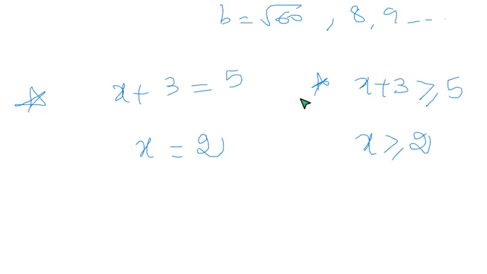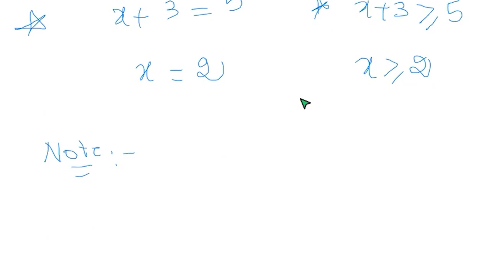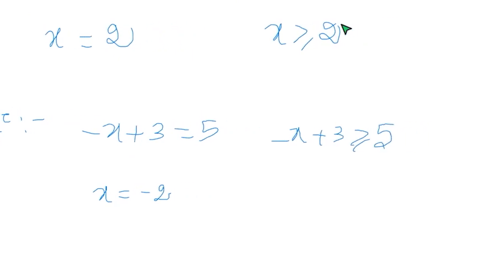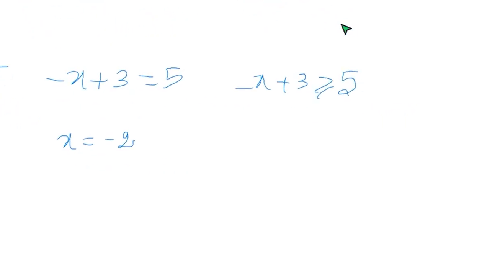And one thing to note is, let's say if minus x plus 3 is equal to 5, x is how much? X is negative 2. Let's say if minus x plus 3 is greater than or equal to 5, how can you solve this? X is less than or equal to negative 2.